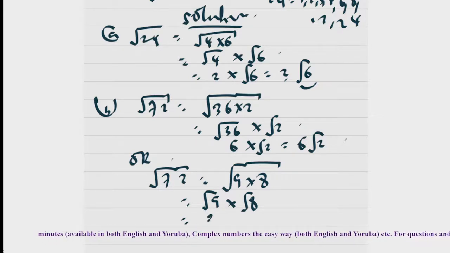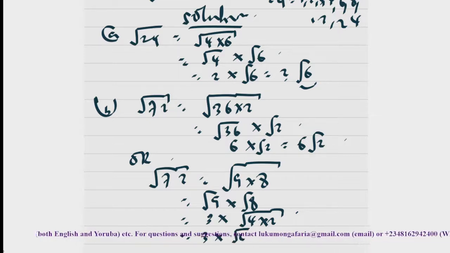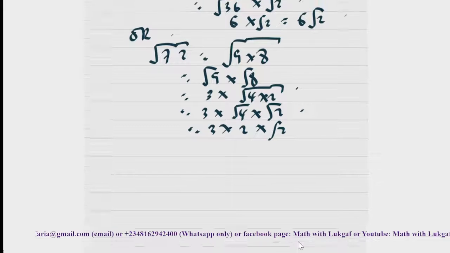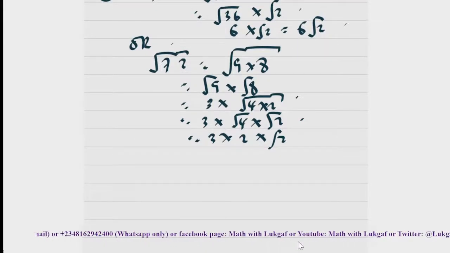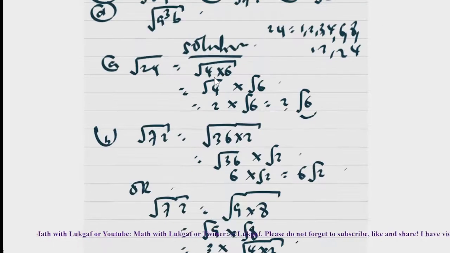So that is 3 multiplied by, then you can split this 4 times 2 into its simplest form. That will give you 3 times root 4 multiplied by root 2. So that is 3 times, what is root 4? 2 times root 2. So if you multiply 3 times 2, you collect like terms, whole with whole and radical with radical. 3 times 2 will give me 6 multiplied by root 2. Can you see it is very simple?